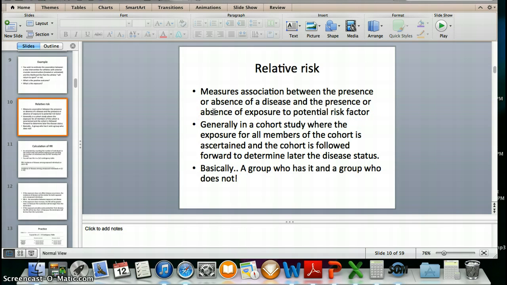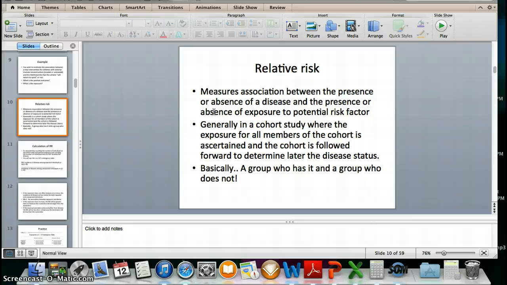So relative risk. Relative risk measures association between the presence or absence of disease and the presence or absence of exposure to a potential risk factor. This is generally used in cohort studies where the exposure for all members of the cohort is looked at and the cohort is followed forward to determine later the disease status.